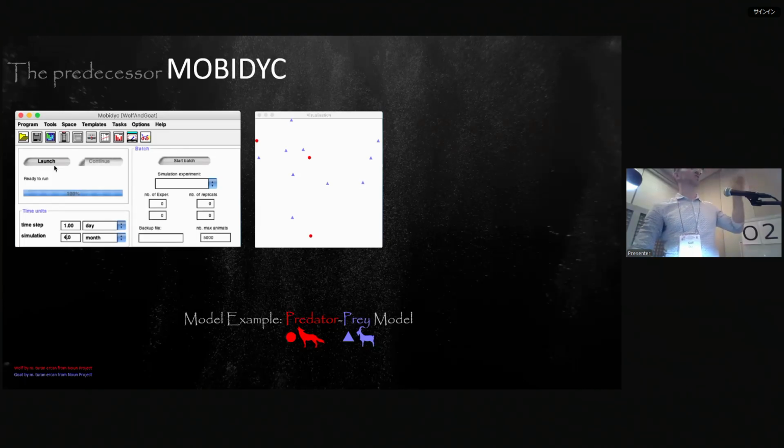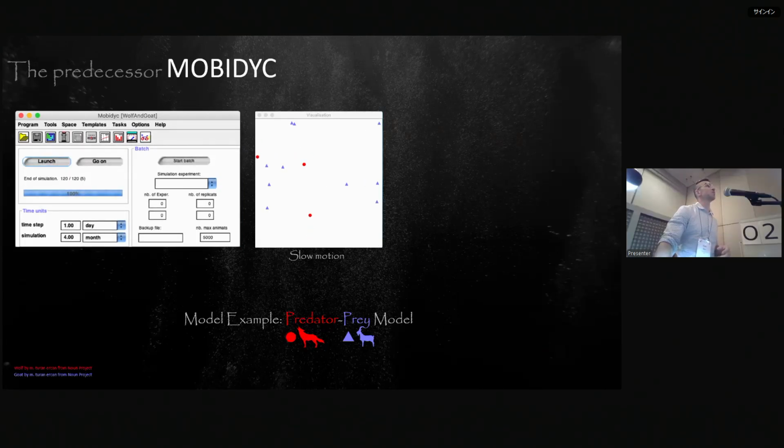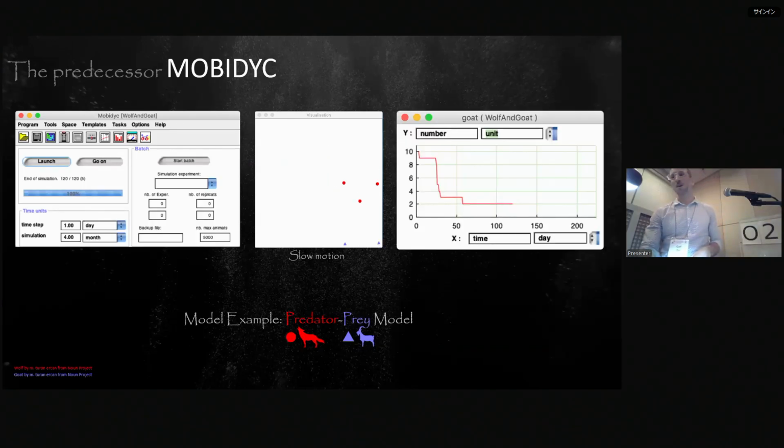Each wolf and goat has some specific individual abilities: escape abilities for goats that are different from each other, and hunting abilities for each wolf. So you can run the simulation. It can run really fast, and you can slow it down a little bit. And the answer will be, well, you need to act really quickly. If you see some wolf in your area, you need to take your goat to safety before 4 months, otherwise you end up with only 2 goats. There you go.